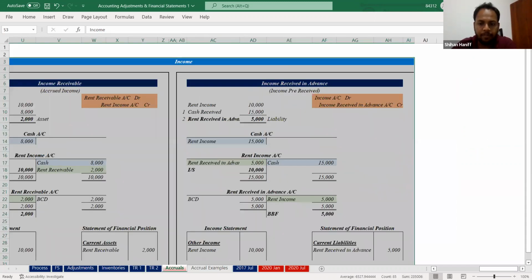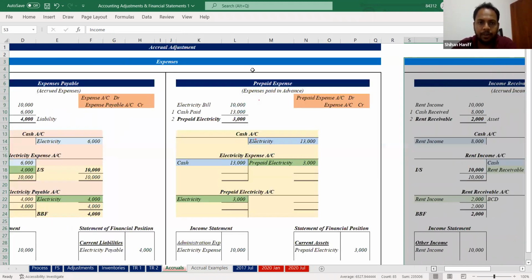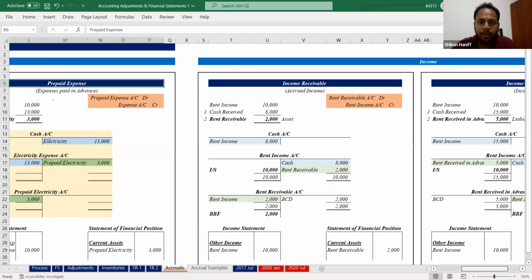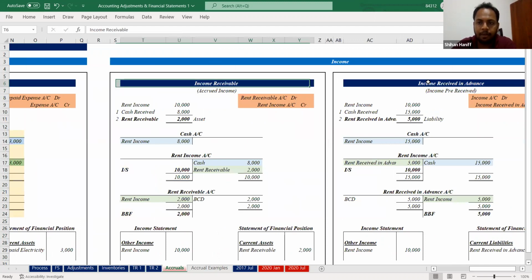Then we did accruals related to expenses payable, and prepaid expenses. Then I did income receivable and income received in advance.